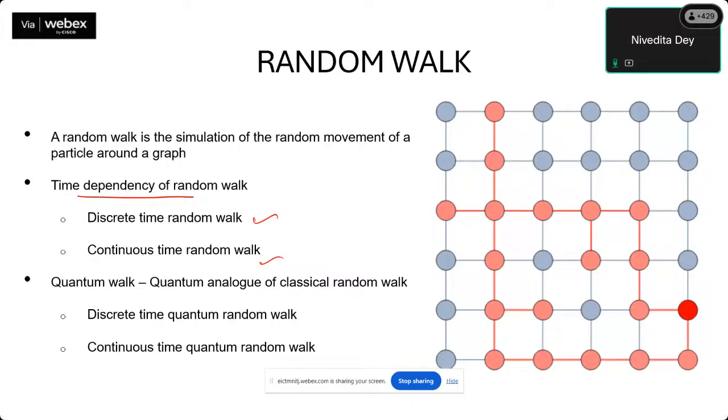So it's very discrete. You can visualize it. Then what about continuous? Continuous means here also you are taking a step after a particular time interval, but that time interval itself is so minimal that it appears as a continuous time walk. That is the only difference. It should look like a very smooth transition.